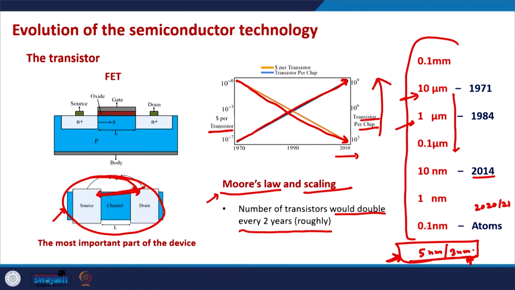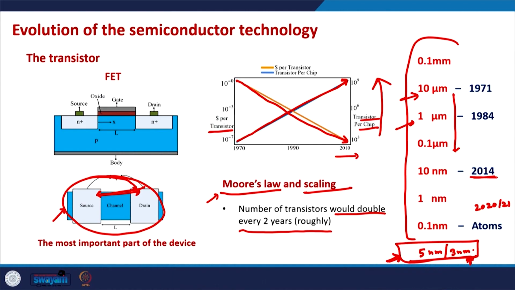It essentially means that as we go down with the technology node, we get better performance and are able to put more transistors in the same area of the chip. But still, the dimensions at which we have been operating for the last 6-7 years are typically tens of nanometers.